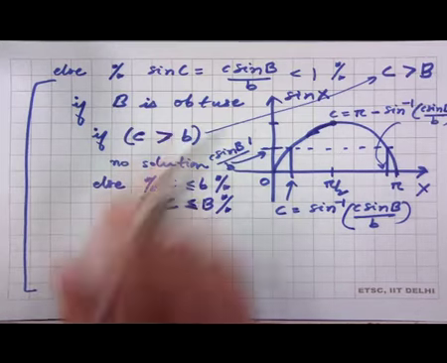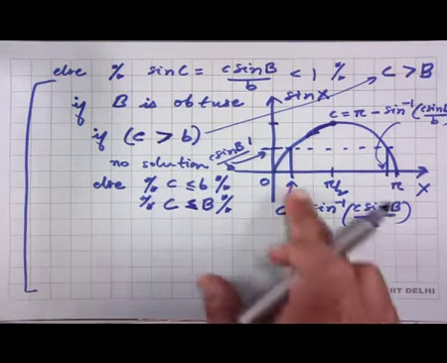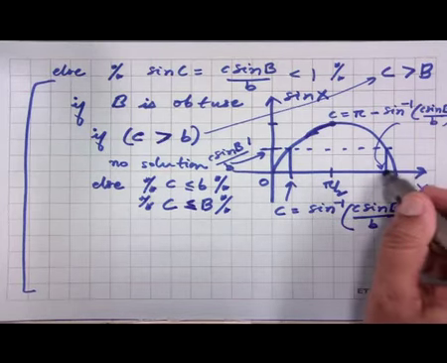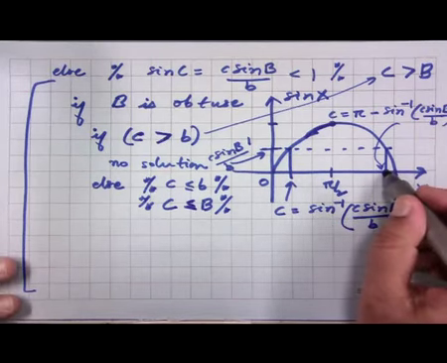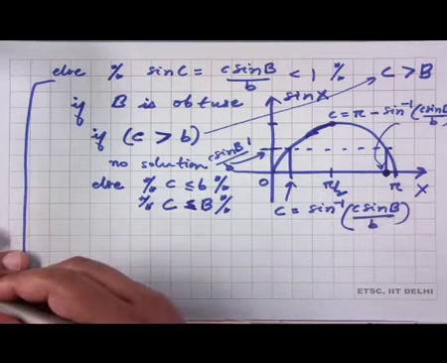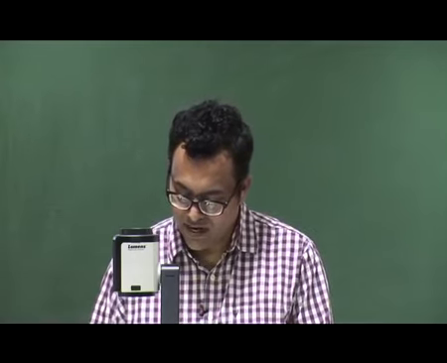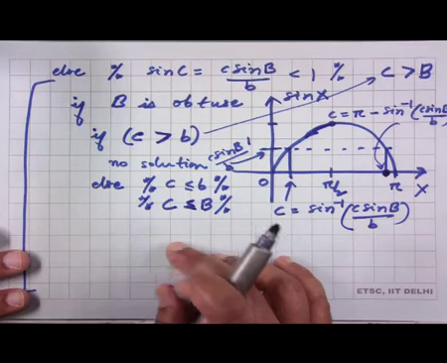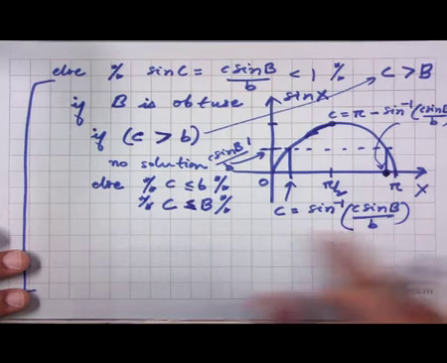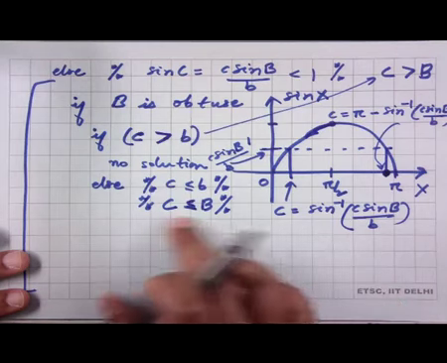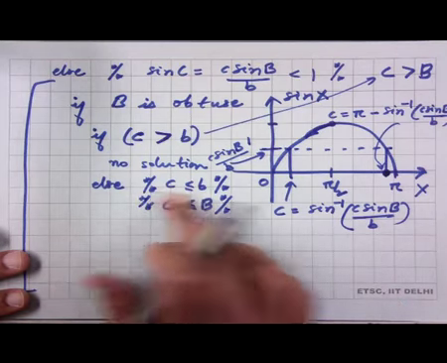Since angle B is obtuse, out of these two possibilities, this obtuse value of C is not a valid possibility, because we cannot have two obtuse angles in a triangle. Therefore, the only possibility of C is this value, because this value is acute and it satisfies the condition for this else case.